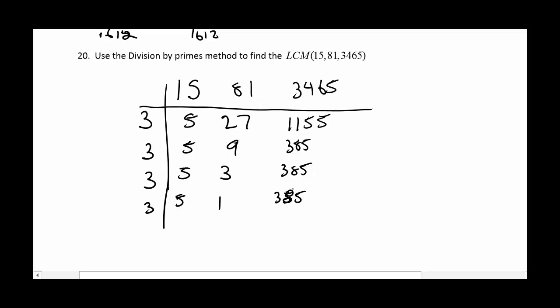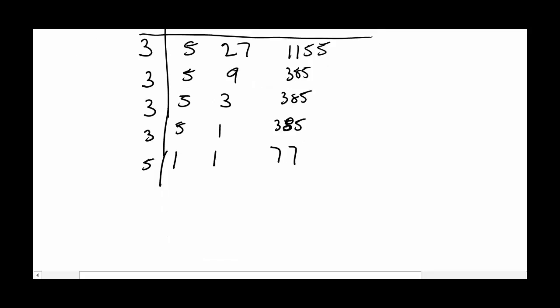Okay. And then I'm going to take out the next prime, which is 5. So that goes in there once. That's 1. 385 divided by 5 happens to be 77. And so I'll take out 7, and I'll take out an 11.